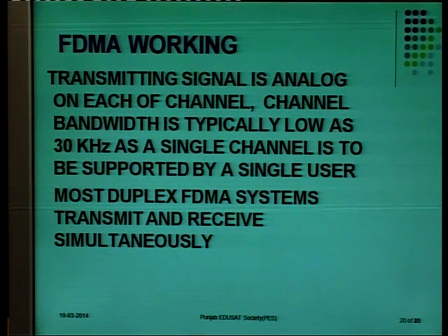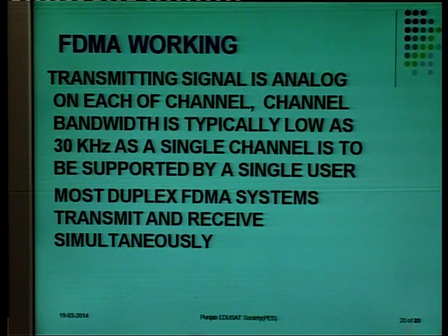So, like the example of the car, the channel bandwidth is also low if we divide the whole bandwidth, just as with our own amount we will have a small car. So the channel bandwidth is typically as low as 30 kilohertz, as a single channel is to be supported by a single user.